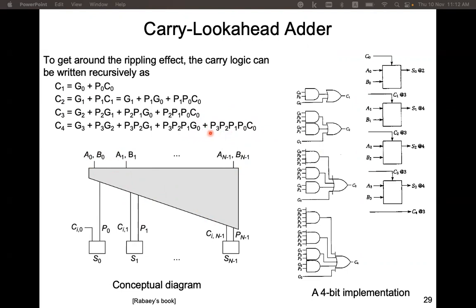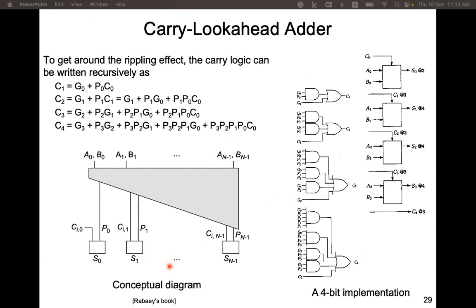Say the fourth stage has a term that contains 5 inputs. A logic block that contains 5 inputs will have a longer delay than the same block with fewer inputs. And this height is a way to represent the delay.